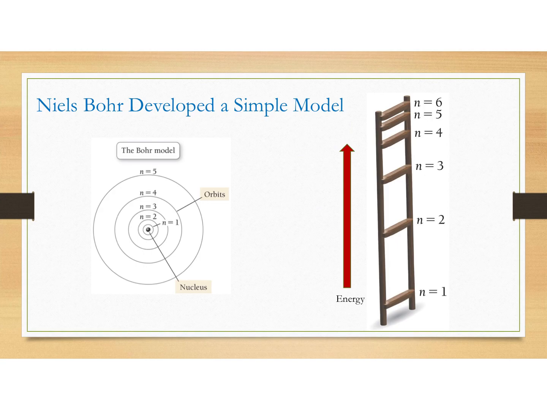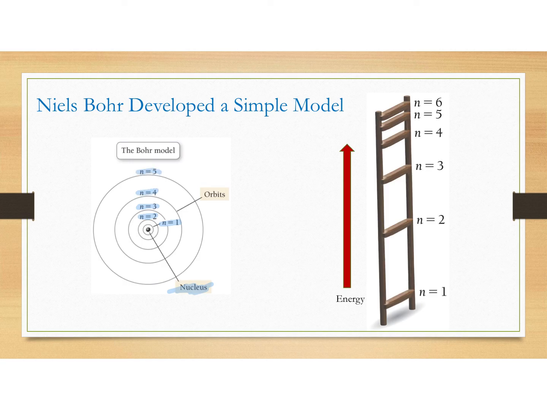So to start off, Niels Bohr developed a simple model for these atoms. We talked about the nucleus. The nucleus of an atom is the small, dense core. And then these electrons travel around the outside of the nucleus, traveling in different energy levels: n equals 1, n equals 2, n equals 3, 4, 5, and so forth.